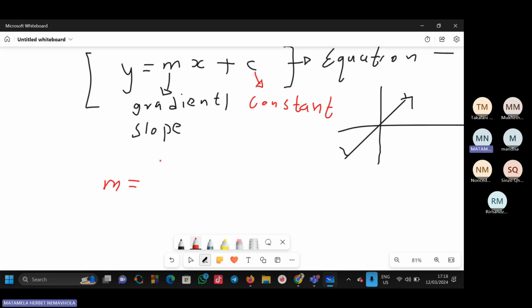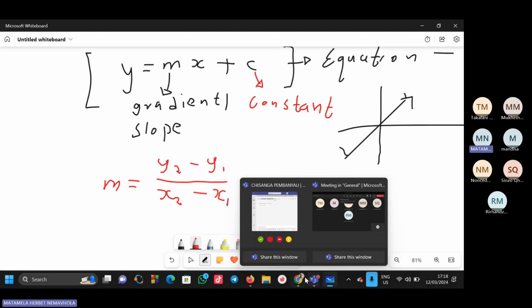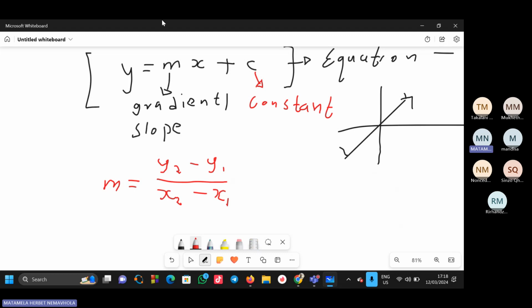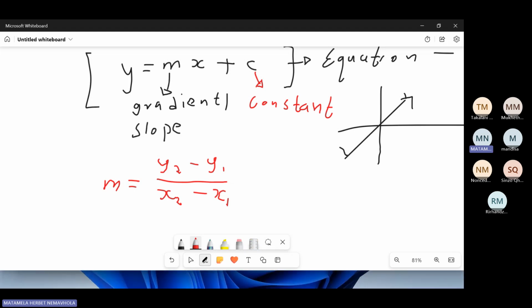It says y2 minus y1 divided by x2 minus x1. This is the formula to calculate the gradient of this equation of a straight line.